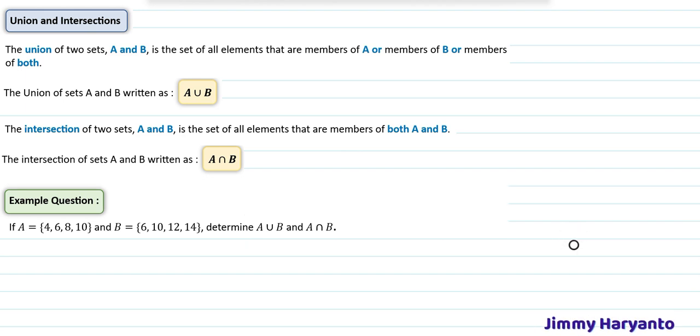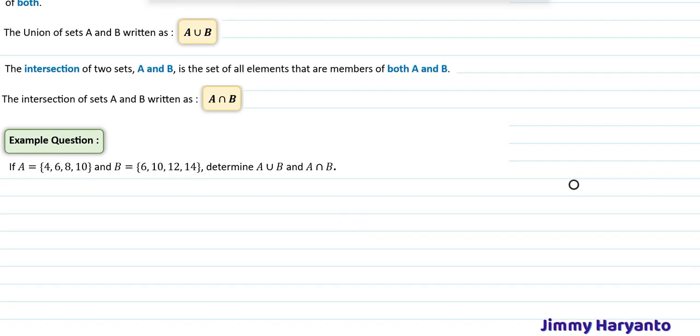And then example questions. Let's say I have A equals 4, 6, 8, 10, and B is 6, 10, 12, 14. Determine the union of sets A and B. The union is members of A or members of B or both of them.